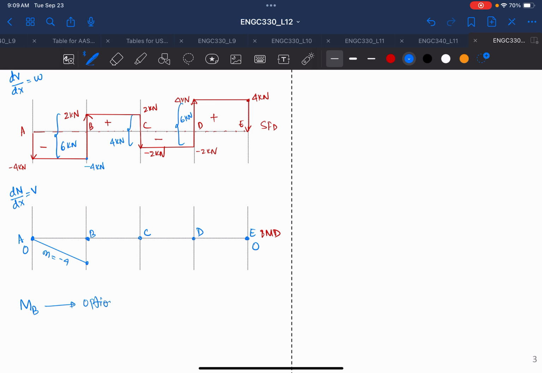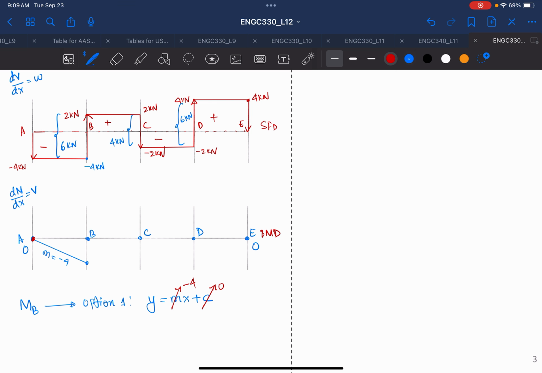We have option 1, which is using y is equal to mx plus c. Because this is a straight line, we use a linear equation, y equals mx plus c. And it's starting at 0, so we know that c has to be 0, and your slope will be minus 4.